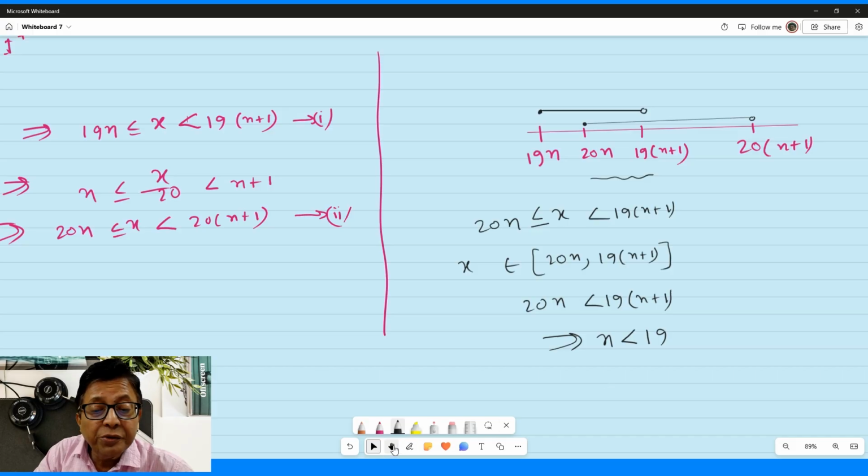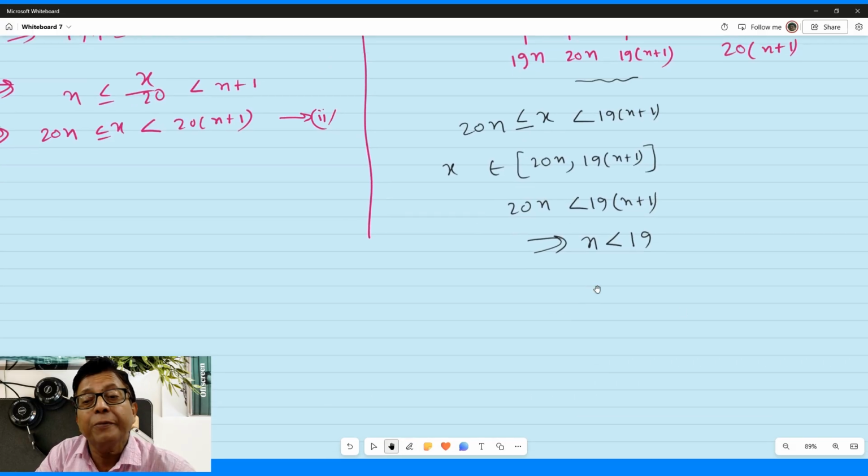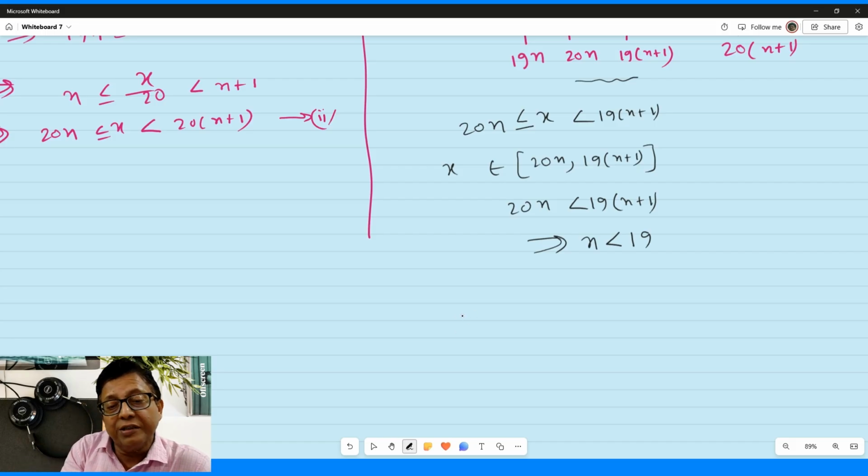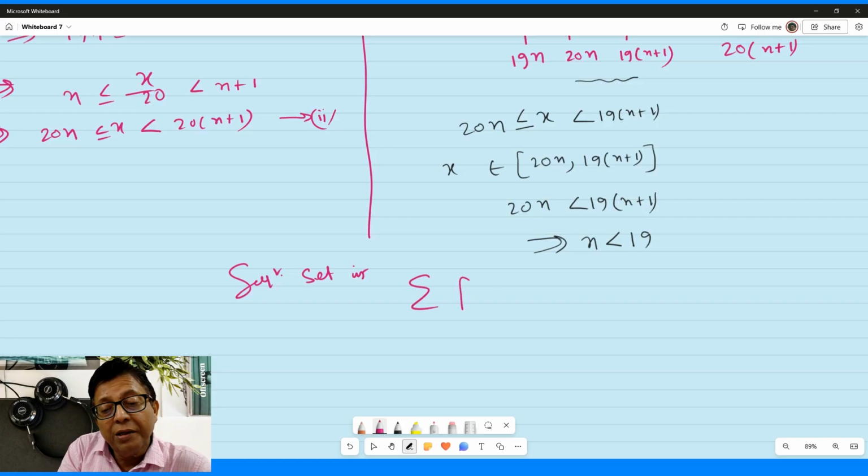So what we are going to do is, for several values of n below 19, solve these intervals and find the number of integers lying in those intervals. So if I write it in this manner, the solution set is the sigma of 20n comma 19n plus 1, it will be justified.